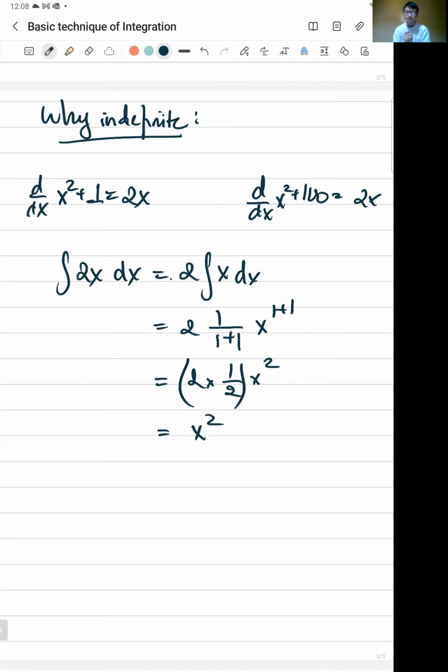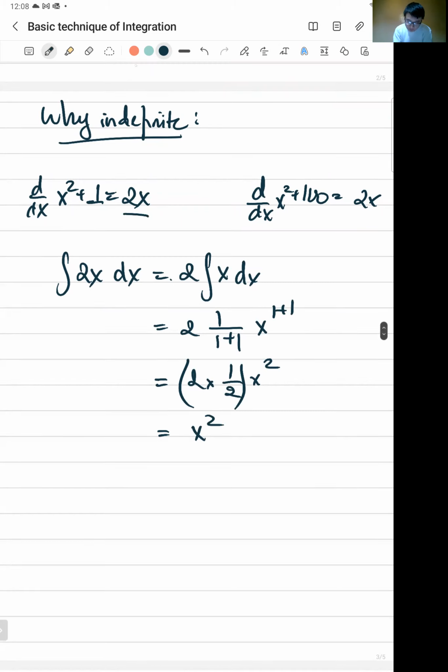Now here's the question. I noticed two different functions have the same derivative, the same result. But if I integrate the result, which one do I get? Do I mean this one, or do I mean this one?